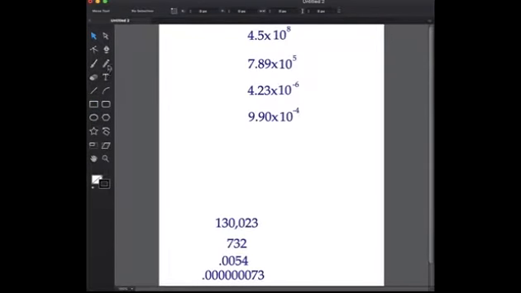So we go 7.89, and we have a positive exponent of 5, so we are going 5 places towards the right. 1, 2, 3, 4, 5. This is our new decimal place.